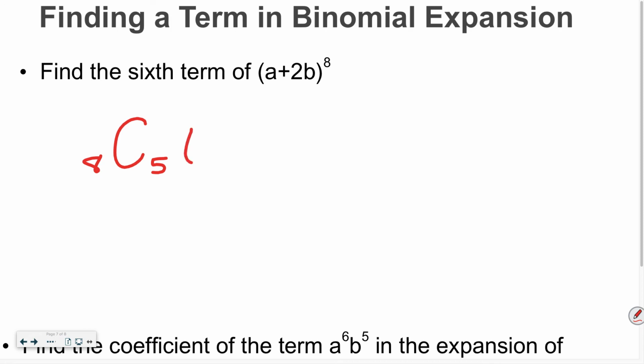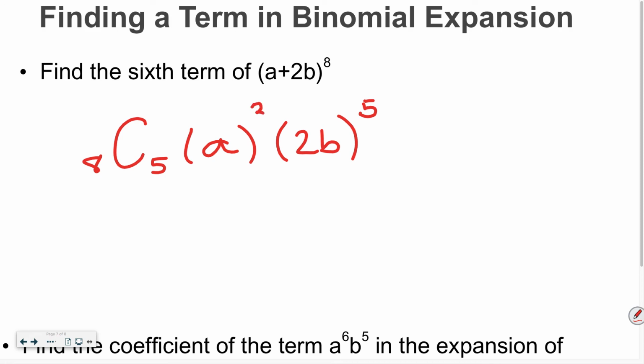From there, we have a to a power, and we have 2b to a power. What did I tell you about this number right here? And what did I tell you about the two powers combined? They add up to the n, which is 8.